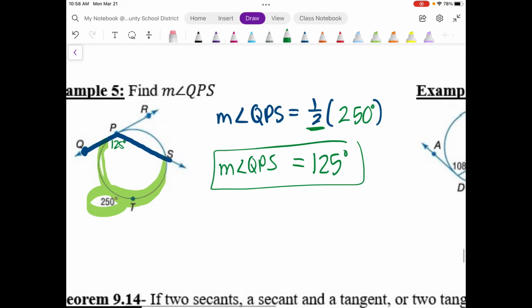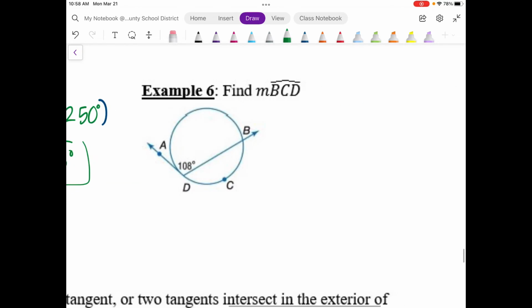Now, if you're going the other way, like in the next example, you want to find BCD. Okay, so BCD is going to be whatever DB is not. So I'm going to go backwards and solve for DB first, the green.